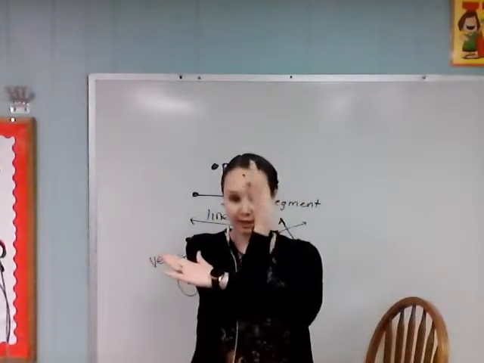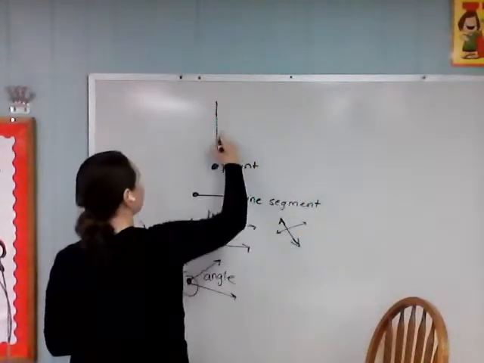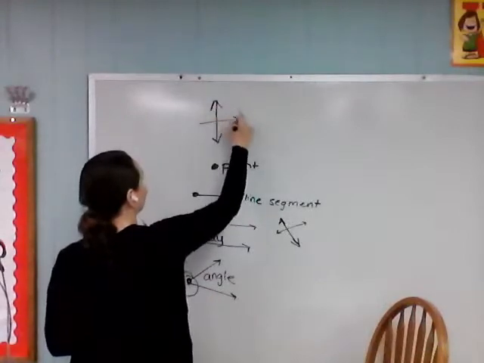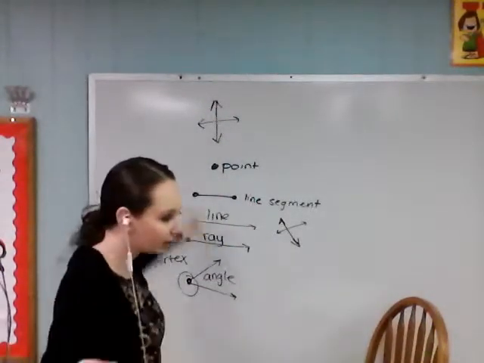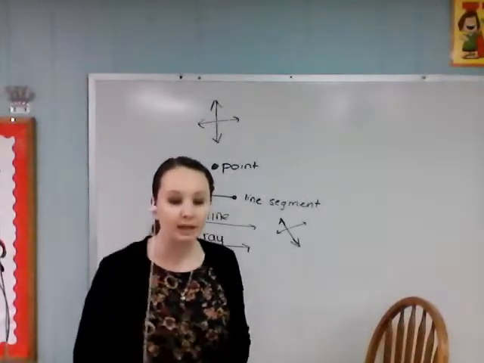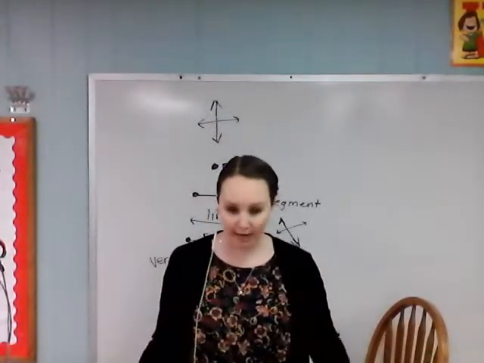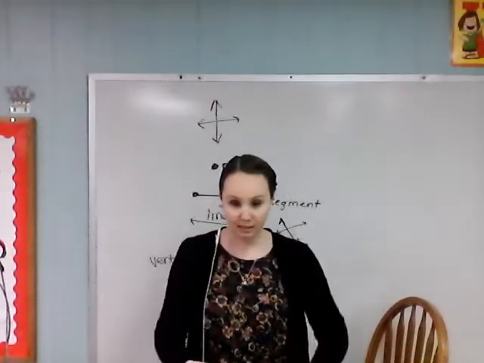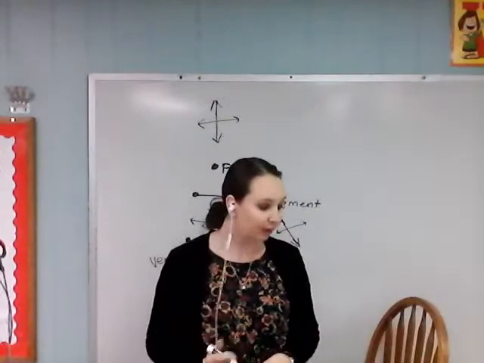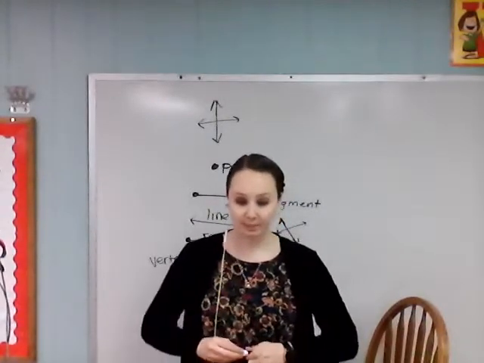So they're going to look like this. Perpendicular lines go in 2 opposite directions. That is my perpendicular. And then parallel. These are going to be like your train tracks. If you've ever seen a ladder, you know how a ladder goes up like this? That's parallel. Those are our different types of geometry.